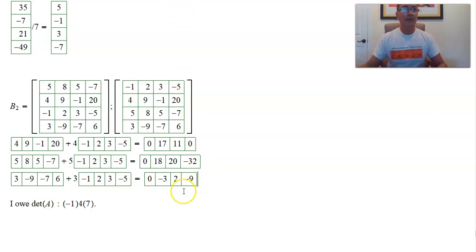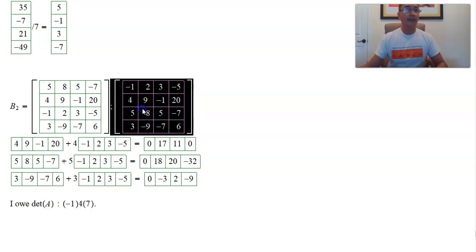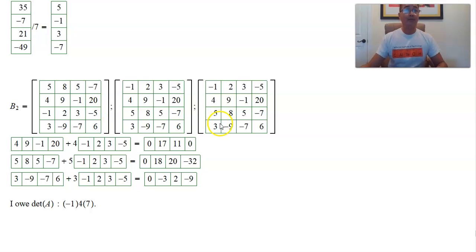Okay, so now those are elementary type 3 elementary row operations. They don't change the value of your determinant. You will change the matrix, but you don't have to change the determinant.